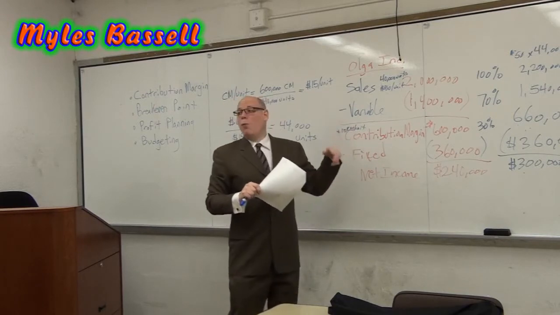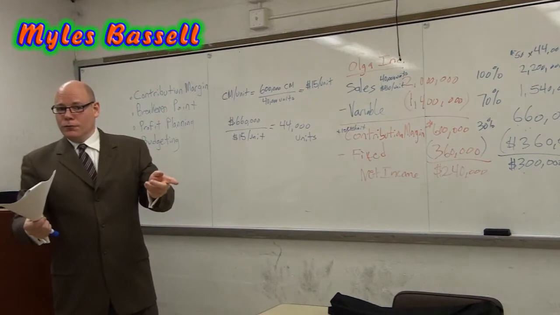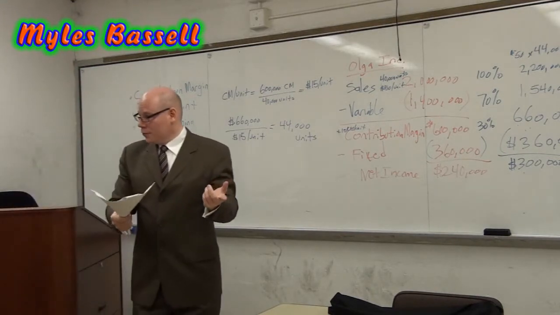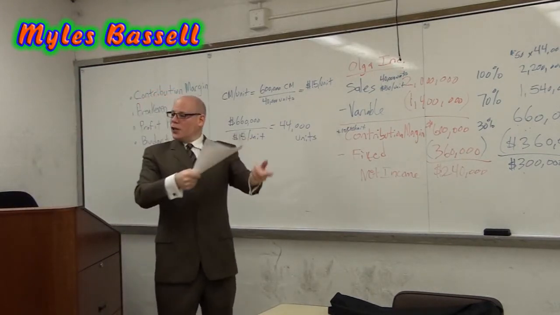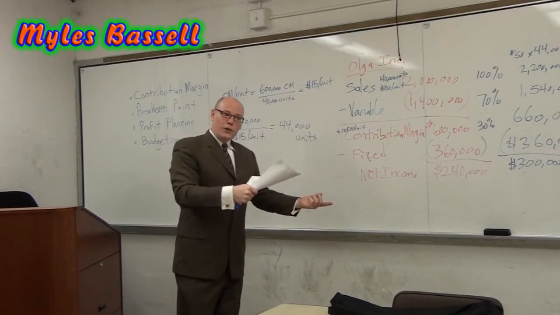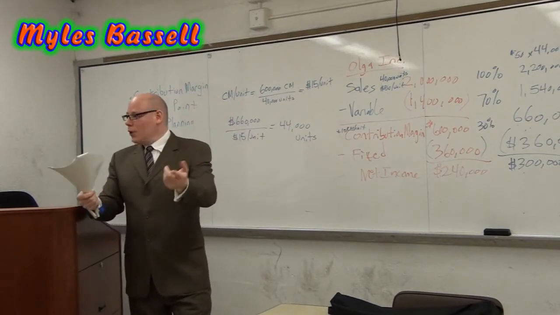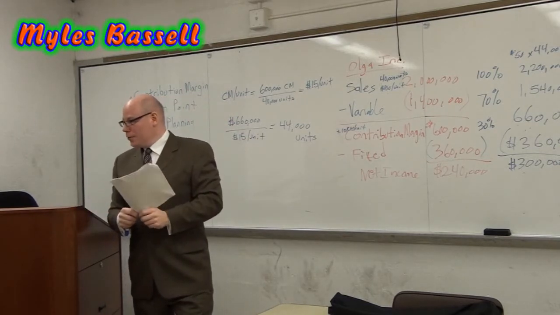But maybe we would sell more than 44,000 units. Maybe our total revenue would go up more than 10%. But you need to go through the analysis and see, what if we sold 44,000 units? What if we sold 50,000 units? What impact would that have on the profitability of the company?